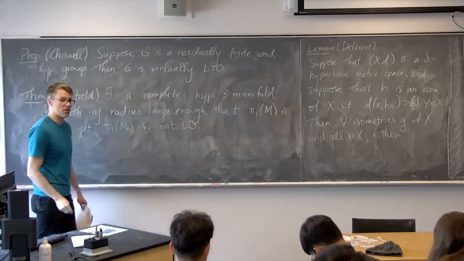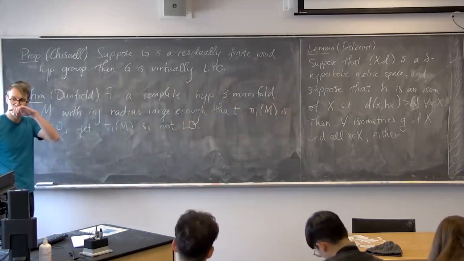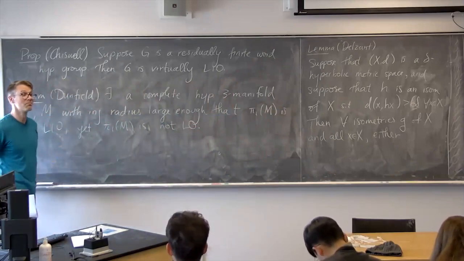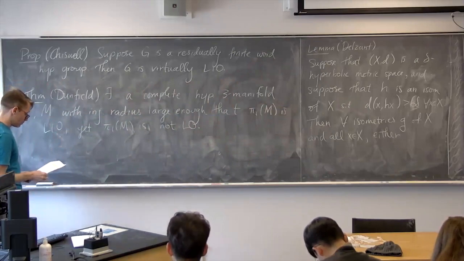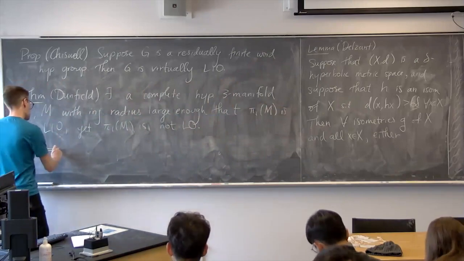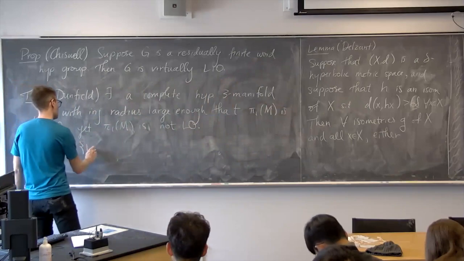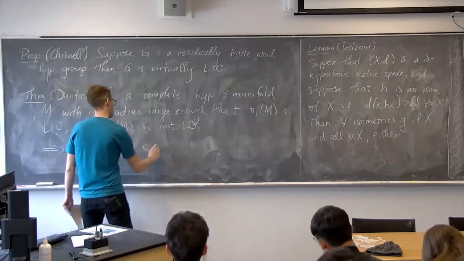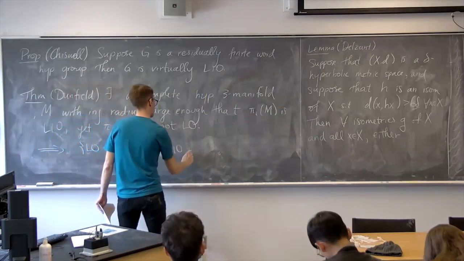We just verified by computer. You just sort of start trying to build a positive cone and see if you can't. So in other words, this containment: LO groups contained inside LIO groups.